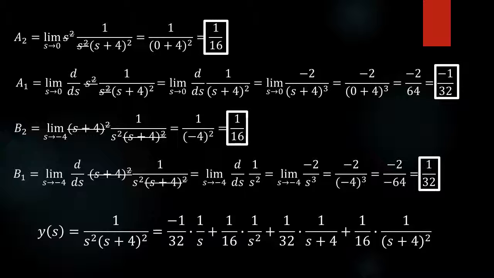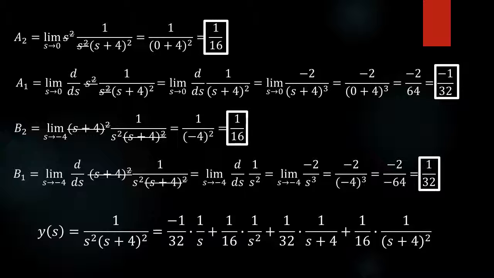Then we apply the derivative of 1 over s², then we apply the limit with the value of minus 4 in the s cubed, and the result is 1 over 32.